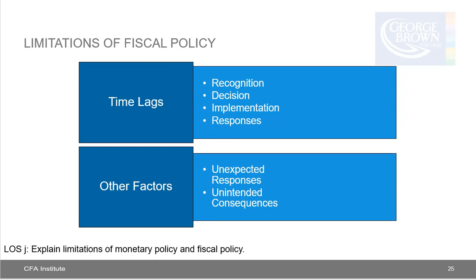In other words, it takes time for policymakers to recognize that a problem exists, for decisions to be made and implemented, and for actions to occur that affect the economy. By the time the actions affect the economy, economic conditions may have already changed. And some other factors is that there may be unexpected responses or unintended consequences to the changes in the fiscal policies.